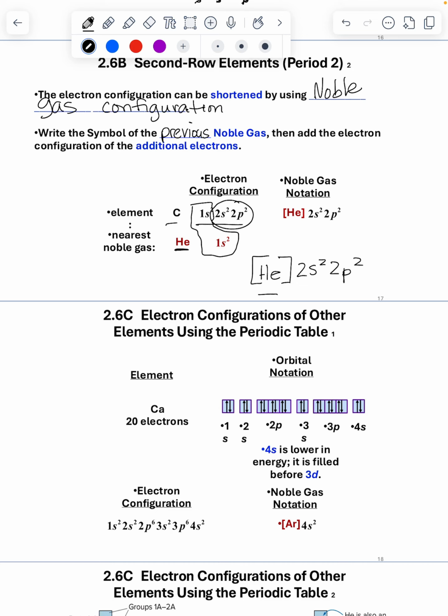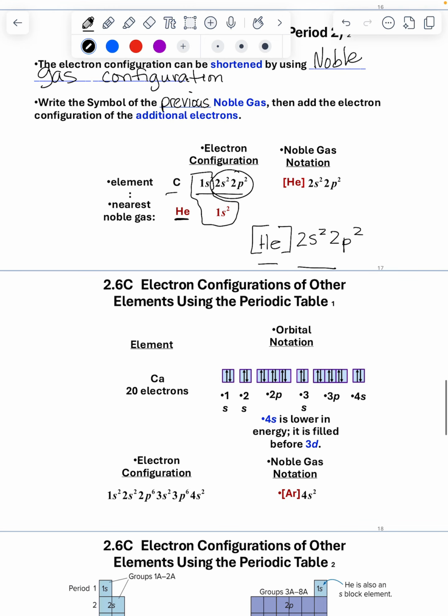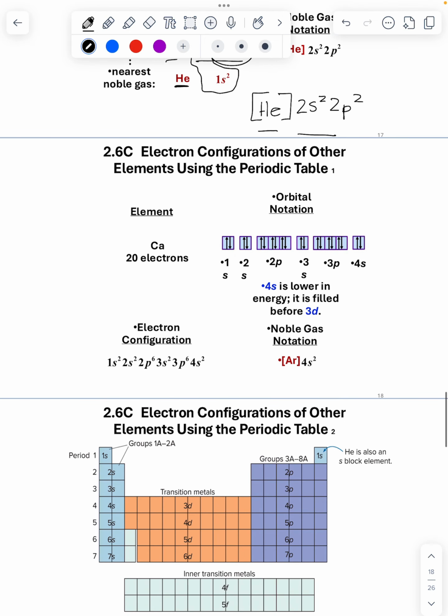And so hopefully you can see this is helpful once you get to some of our bigger atoms that have a lot of electrons. This is just a shortened way to take care of that.